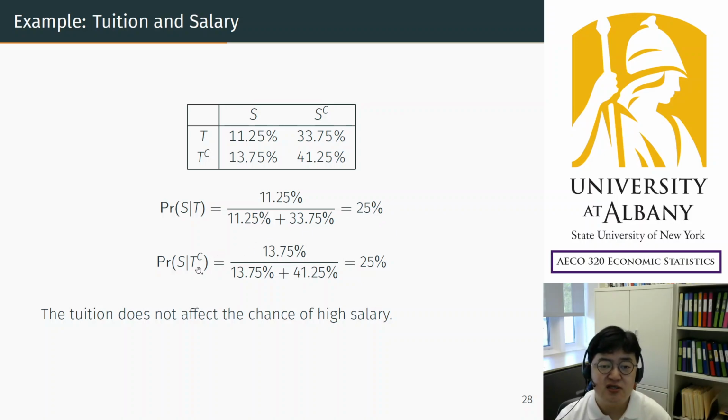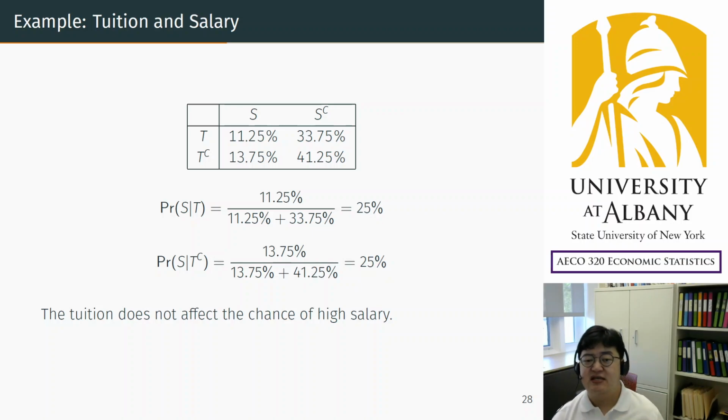Similarly, if you change the condition, you are going to delete the first row and use only the second row. That's the denominator. And among them, you are interested only in 13.75. That's high salary, right? If you calculate the ratio, that is also 25%.